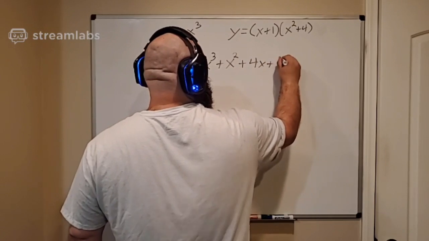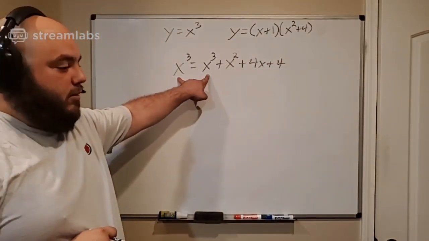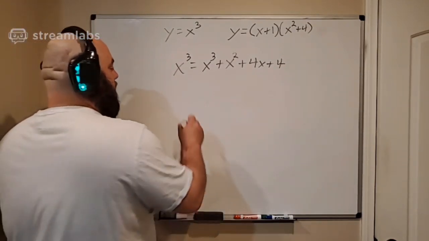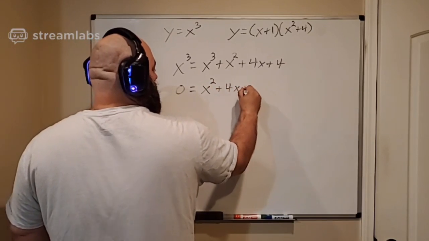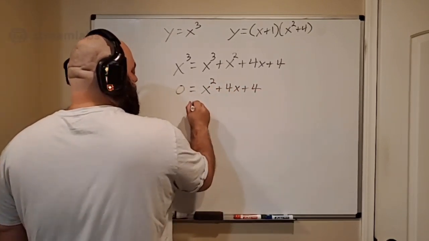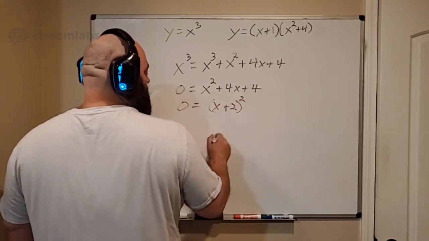But what we should realize is that the cubic terms are actually going to cancel out. And then you can factor that, and you get x plus 2 squared. So x is equal to negative 2. And did they ask for the coordinates or just where?